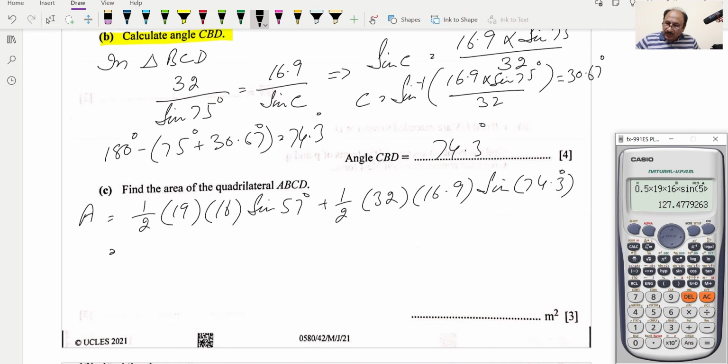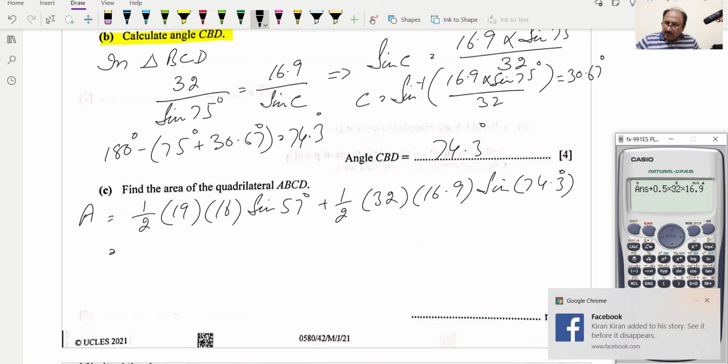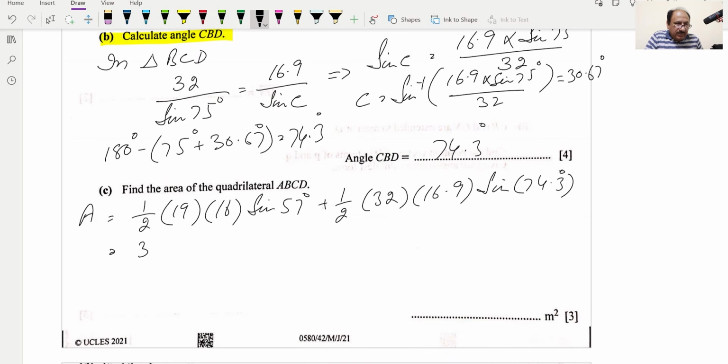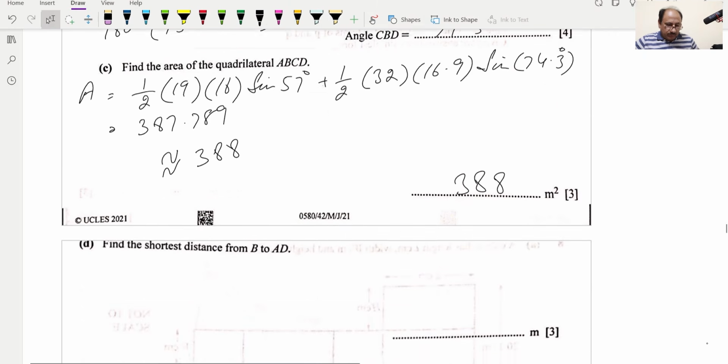So plus we will add in this one 0.5 multiplied by 32 multiplied by 16.9 and multiplied by sine of 74.3, and this is equal to 387.789, and we can write it as 388 up to 3 significant figures. Hopefully you understood this as well.